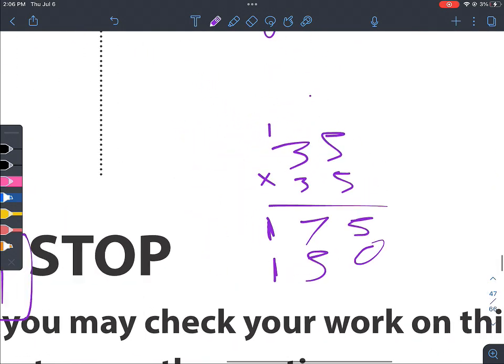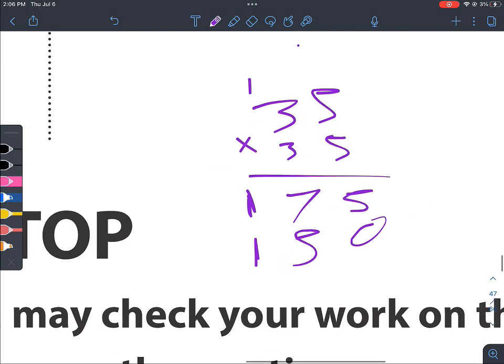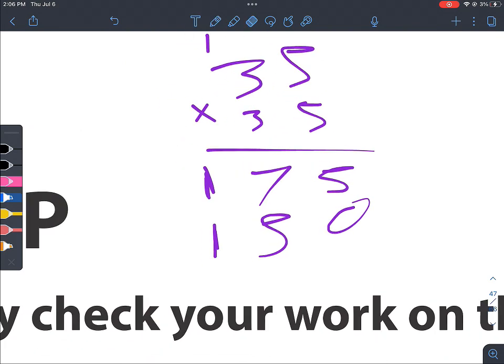Okay, I see why I'm messing up, kind of. 3 times 5, that's 15. Now 3 times 3, that's 9. So you put that 9 over here, but you also have to add a 1.